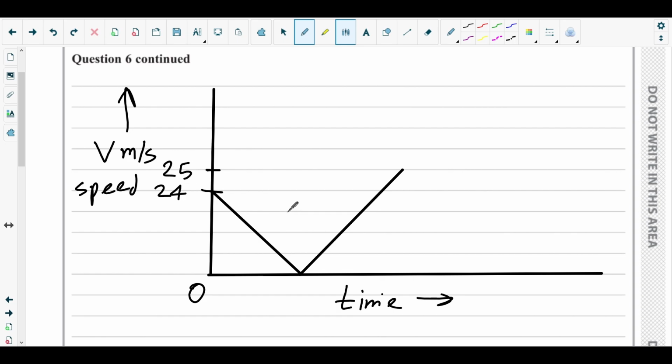That's basically the sketch for the speed time graph of the motion of the particle. Are there any further labels we need? We have the speed. What about the time? We didn't consider the time.